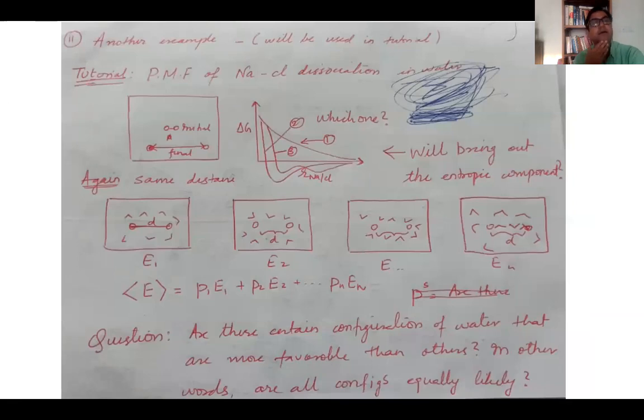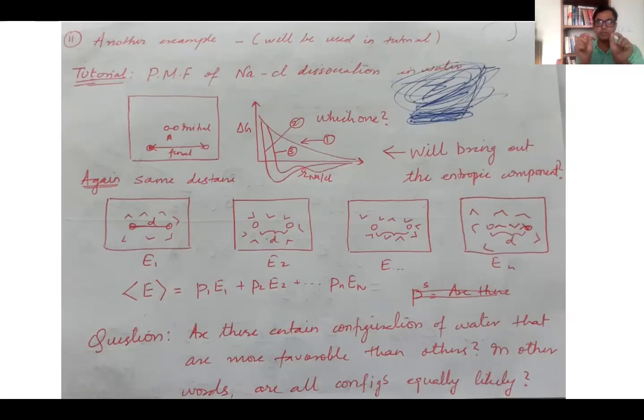So one of the examples that we will do, not in the free energy perturbation part of the lecture, but in the next set of lectures that I will be presenting to you, is umbrella sampling and the weighted histogram analysis method, and also Bennett acceptance ratio kind of methods. So once we have the trajectory, we can use multiple methods to find the potential of mean force. I did talk about the potential of mean force in the past.